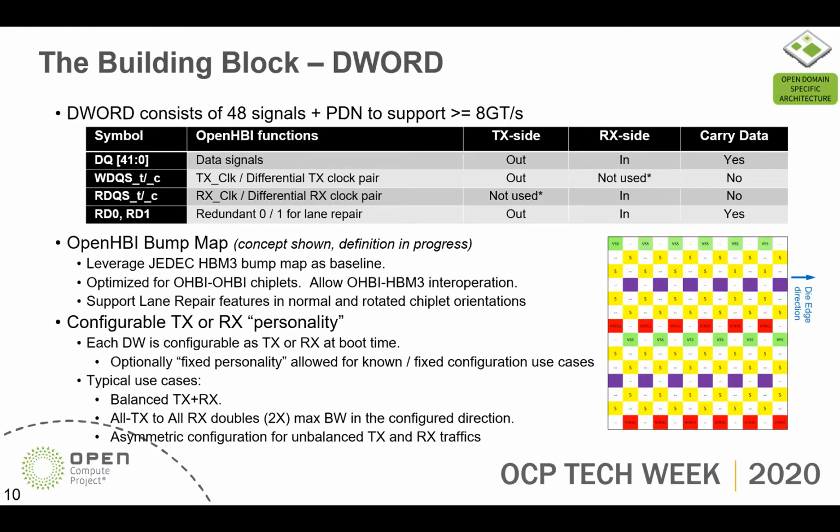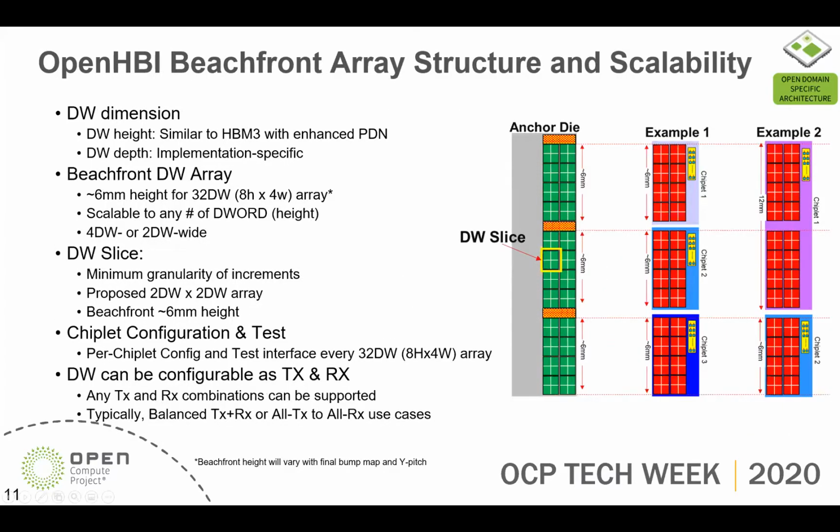As the accelerators, for example, they may operate on very different workloads at different times of the day, which may need to be optimized for different TX or RX traffic with the OpenHBI D-word configurability, meaning that when you change your acceleration workload, you can change your configuration as long as your accelerator is designed to tackle the different workload dynamically. So this is a pretty interesting feature that the OpenHBI can support.